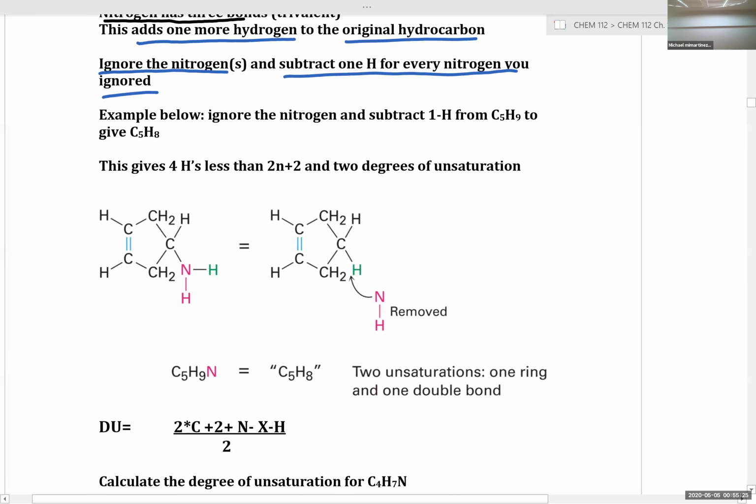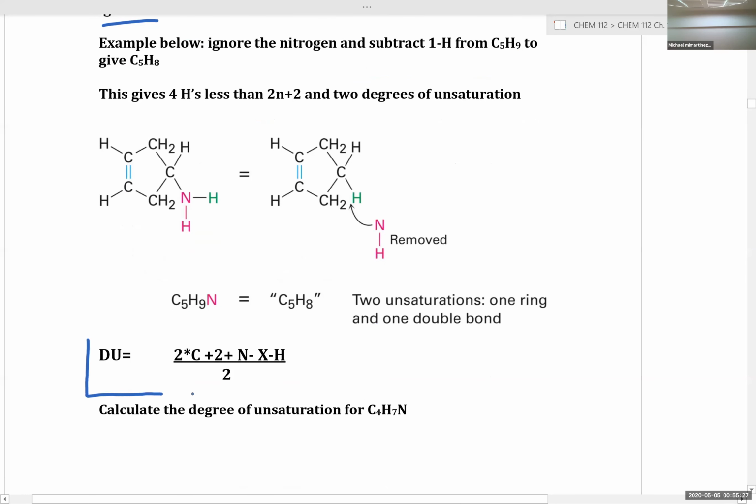So if we're writing this in a formula, you can think of DU as 2 times the number of carbons plus 2 plus the number of nitrogens minus X minus H. So let's show an example for the following formula, C5H9N.